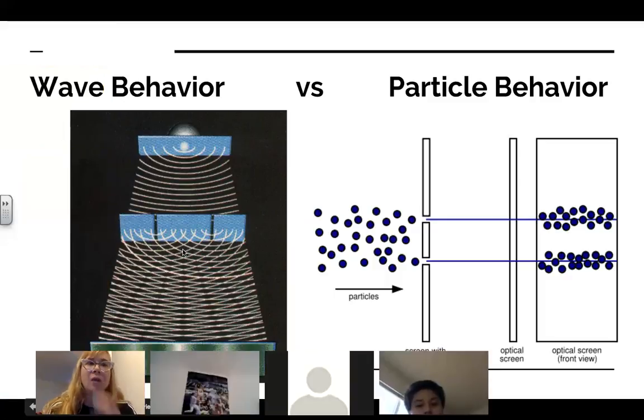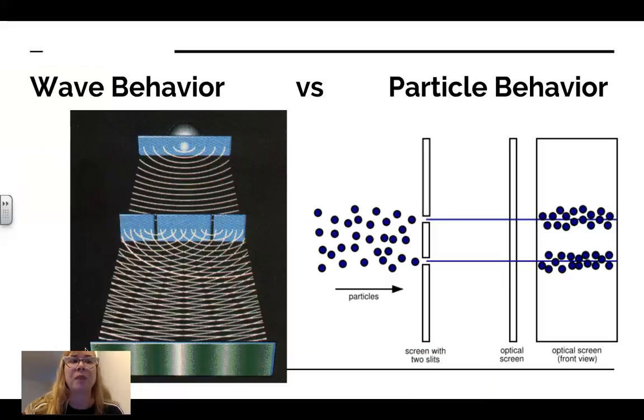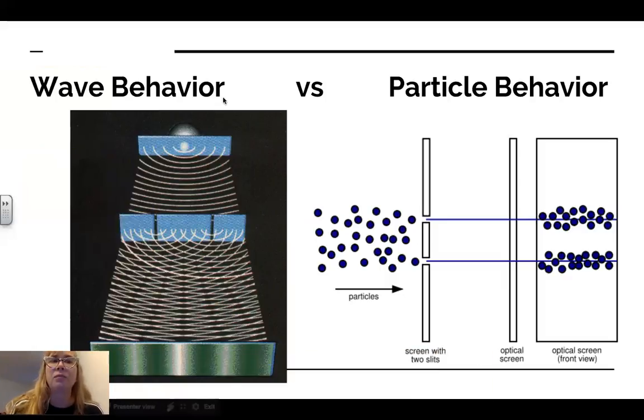Okay, so if we have our double slit experiment, which is basically where we have a light source, and a wall or some kind of barrier that has two slits cut through it. So just two little areas for things to pass through. For a wave, when a wave passes through, the waves start to create these interference patterns.